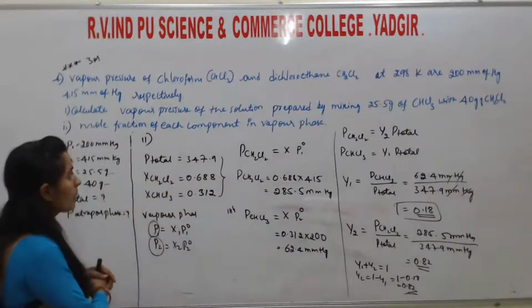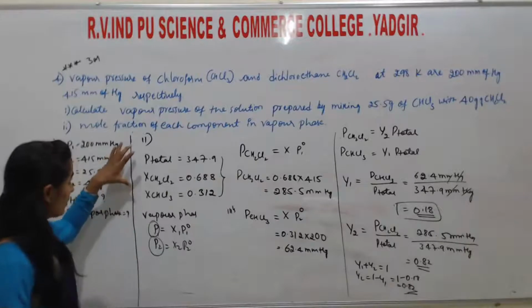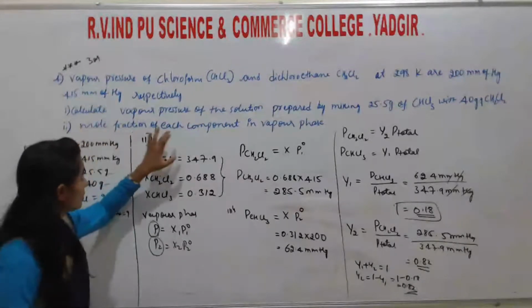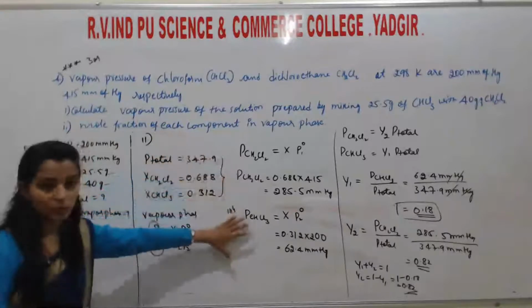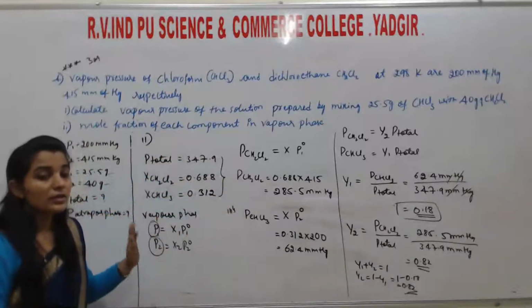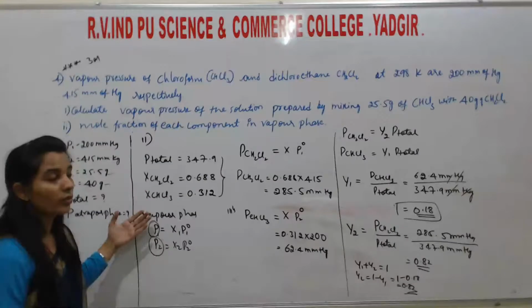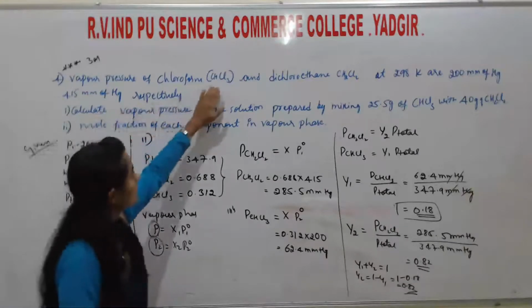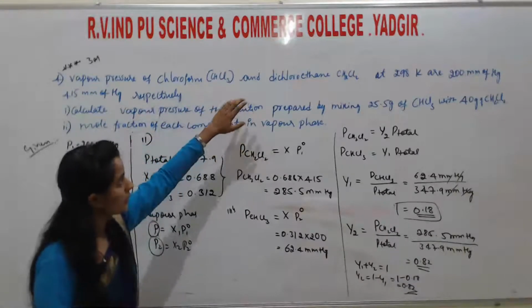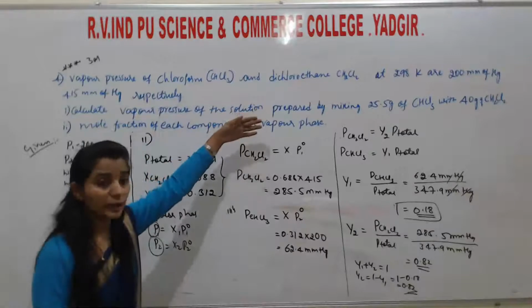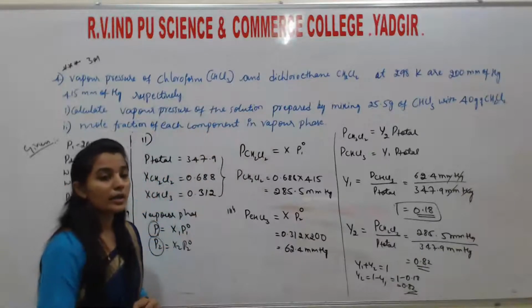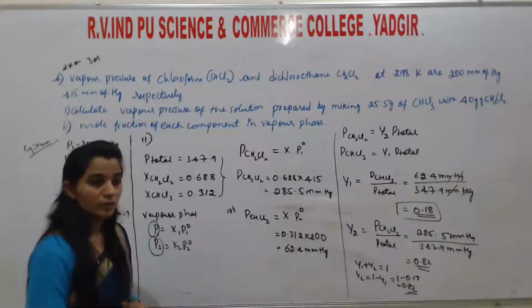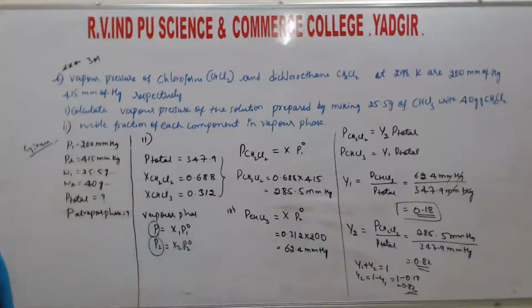If they ask only to calculate the given data, this is for 2 marks. They might ask which one is highly volatile in this compound. CHCl3 has less pressure, dichloroethane has greater pressure, so the one which has a high pressure is a highly volatile compound. That is the key point, remember that.